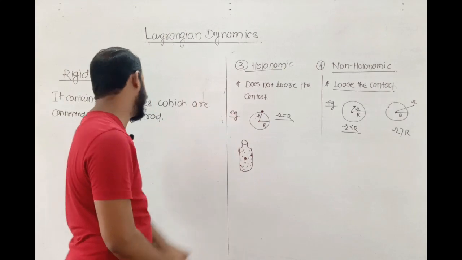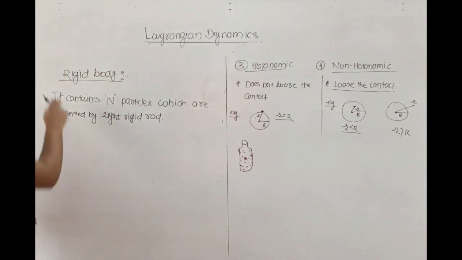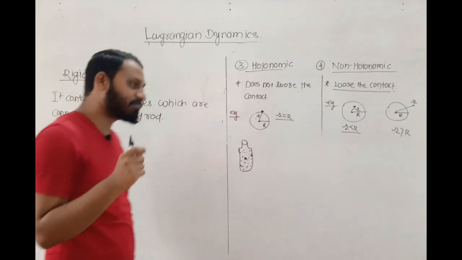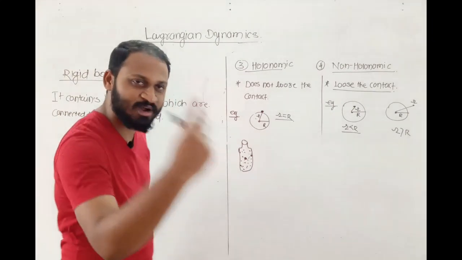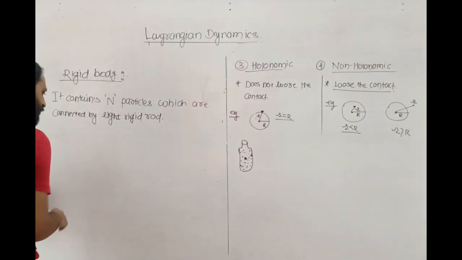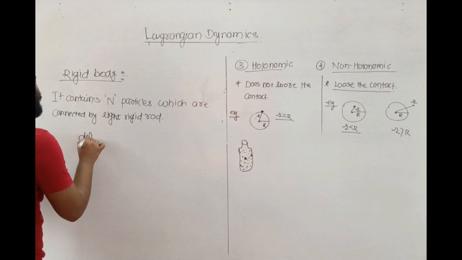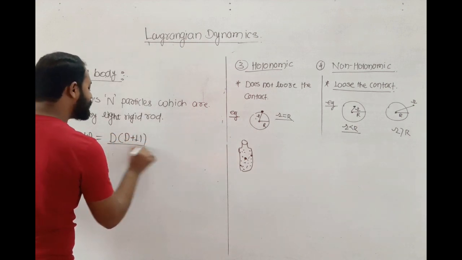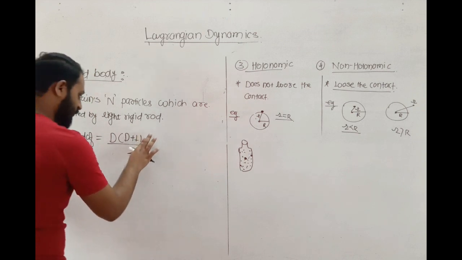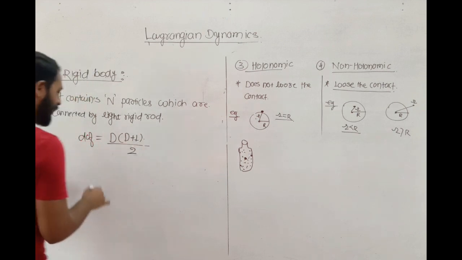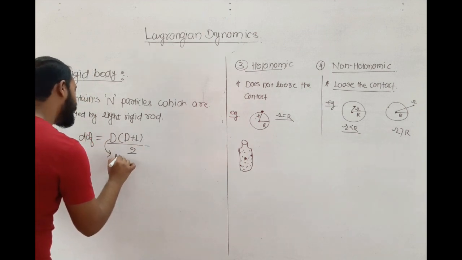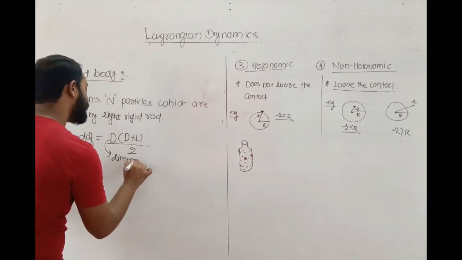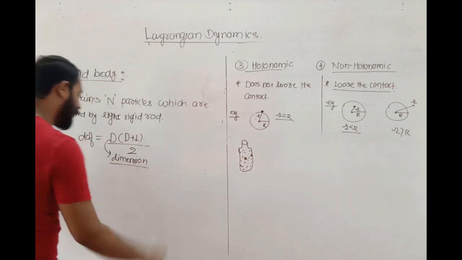Now see how to find the degree of freedom for a rigid body. What is the shortcut? D into D plus 1 by 2. Now see, here D is the dimension.